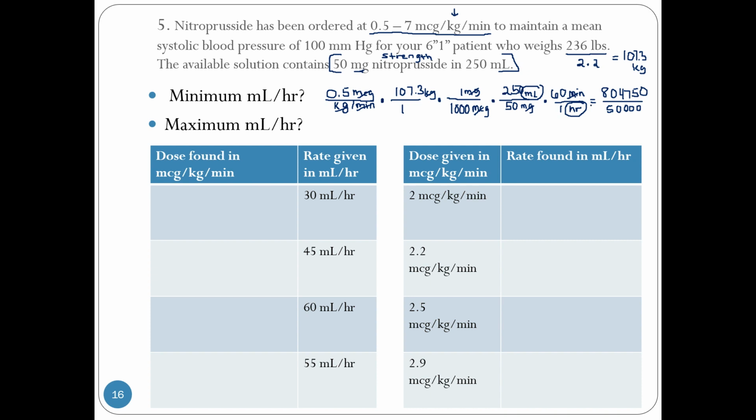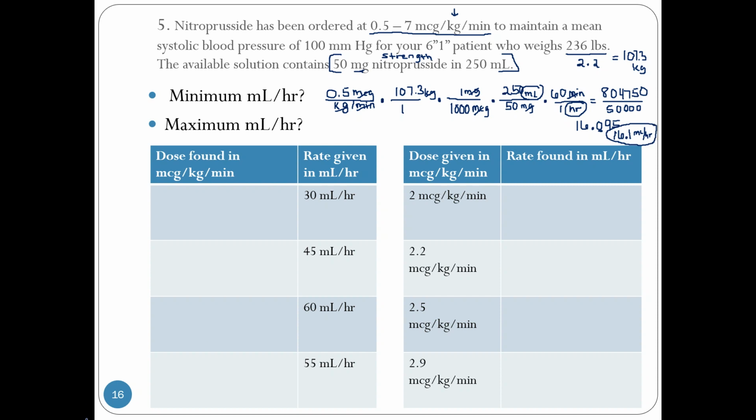And so then I'll divide that out. And I come up with 16.095. Because this is an IV rate, it should be rounded to tenths, so that rounds to 16.1 milliliters per hour. So this is my minimum.